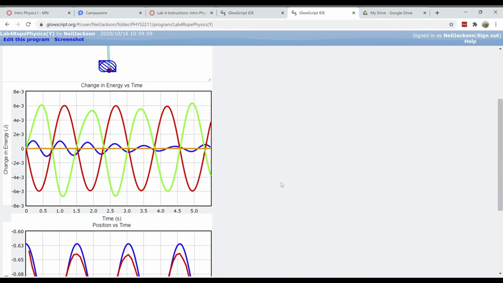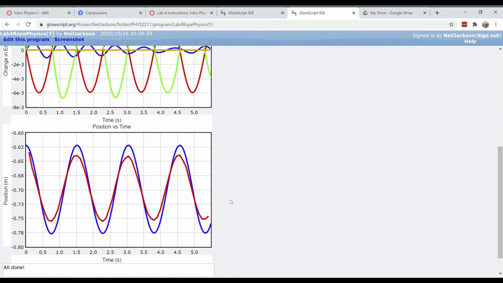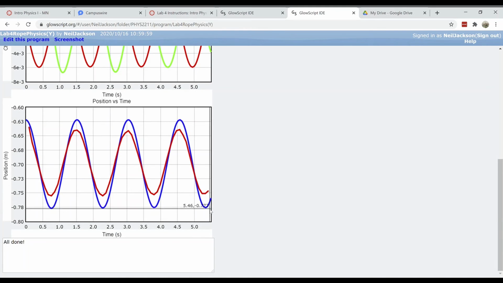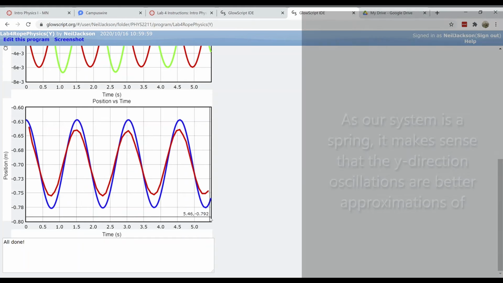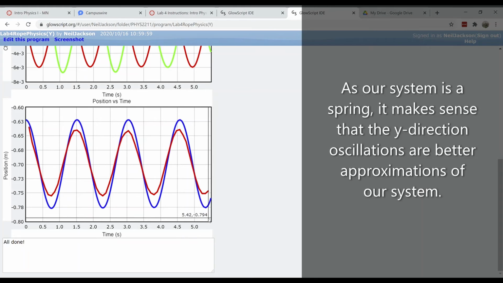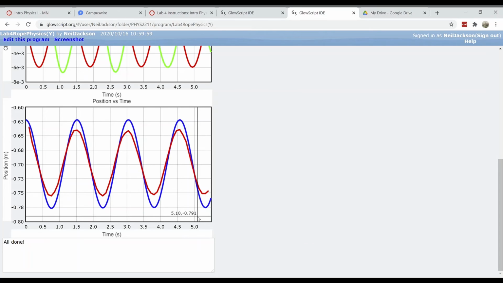This can be seen in some fluctuations in our change in energy graph, which would be expected from our system. Also our position versus time graph matches up a lot closer. The model and the tracker data are very similar, which is a really good sign that the Y oscillations are probably a better representation of what we wanted.